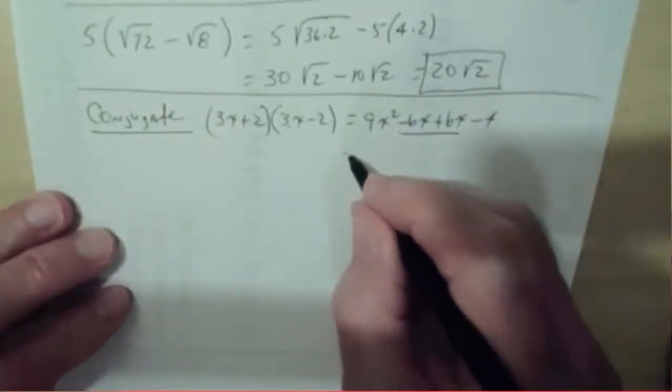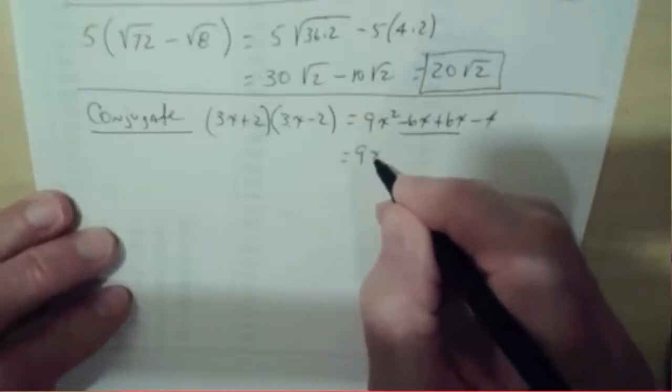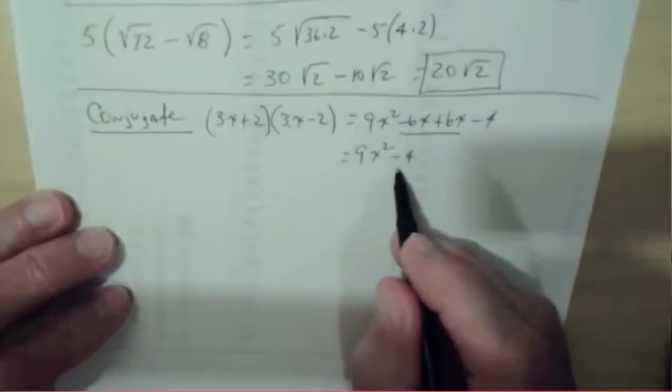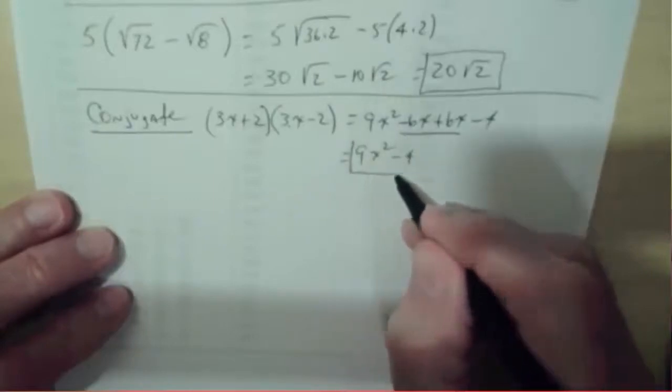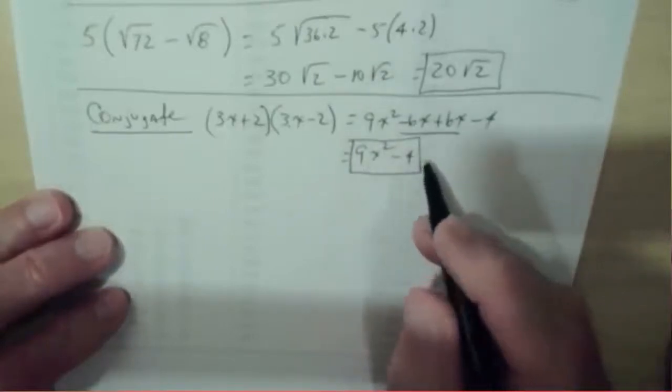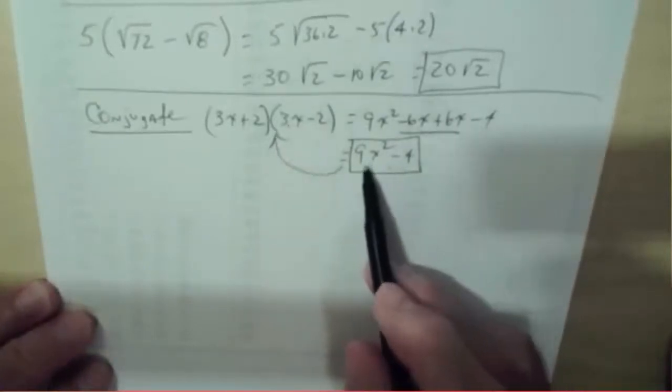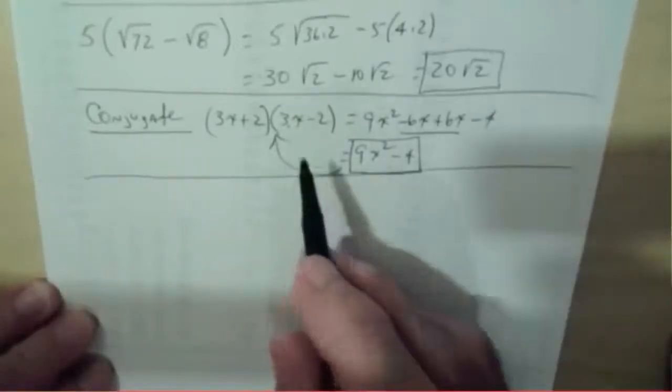So that gives us 9x squared minus 4. If you'll notice, this is a perfect square. The difference of squares, and you can factor that back into that. Difference of squares is a conjugate. We just went frontwards and backwards.